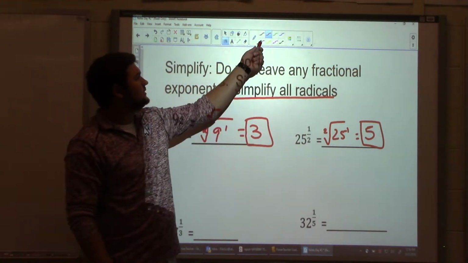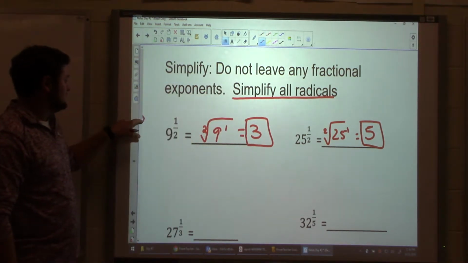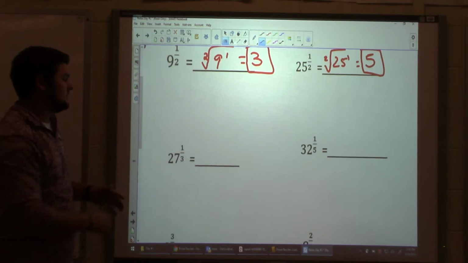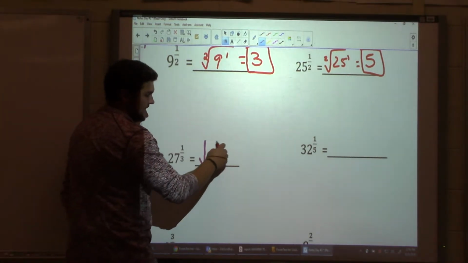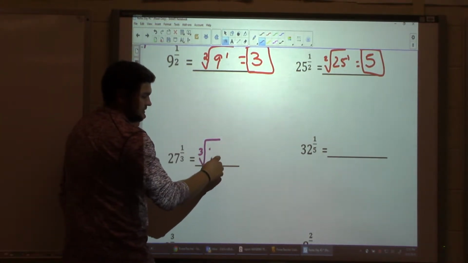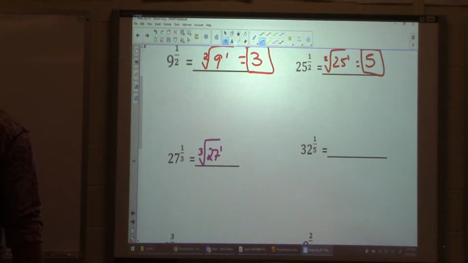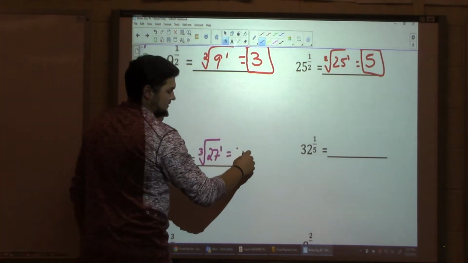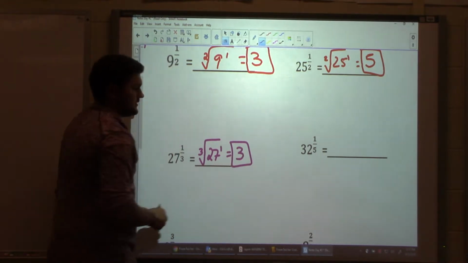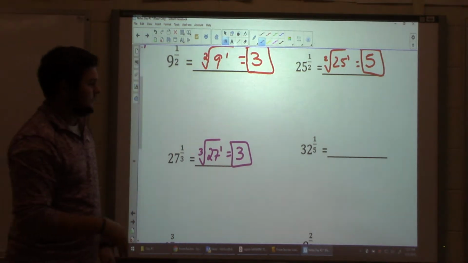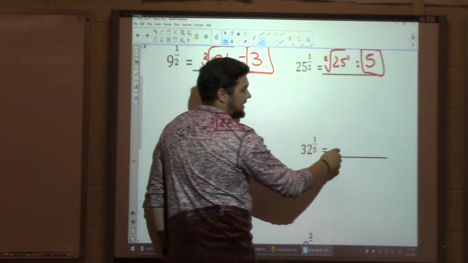Good. 27 to the 1/3. Well, as a radical, that would be the cube root of 27 to the first. In other words, what to the third power equals 27? 3. So the cube root of 27 would be 3. Okay? 32 to the 1/5, I want to write that as a radical.